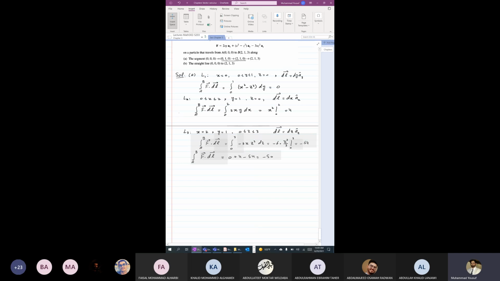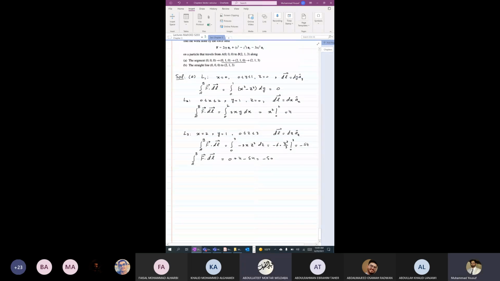Shabab, anyone has a question? So, doctor, from the f vector, we just take the path which changes. No, you take the dot product of f with L, with dl. Take the dot product of f with dl. Okay. And since the first dl has only a y component, in the vector f a y component will come in the integral.